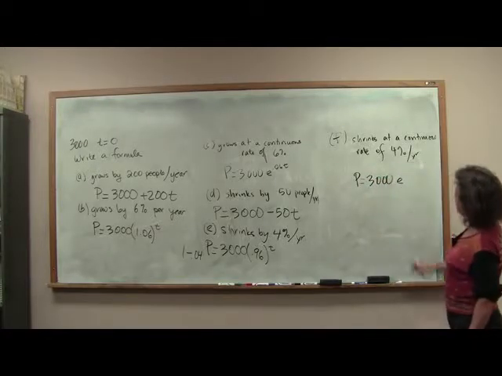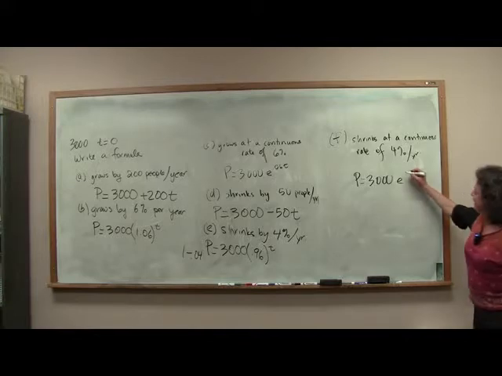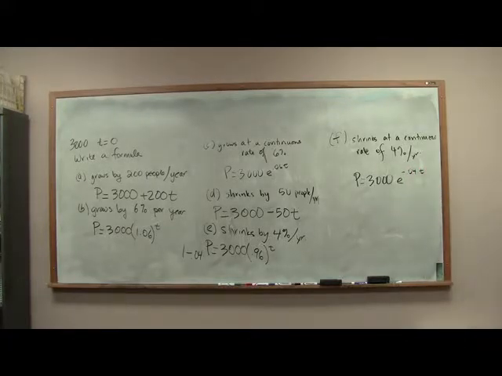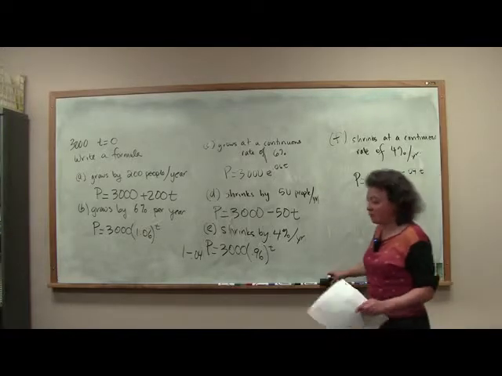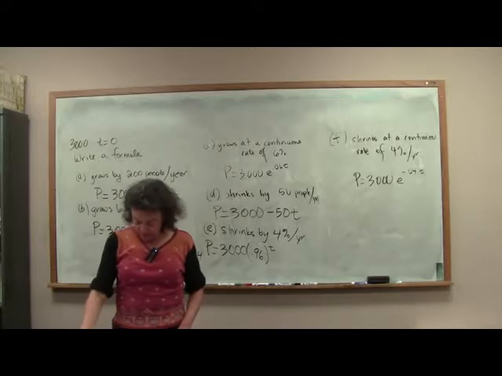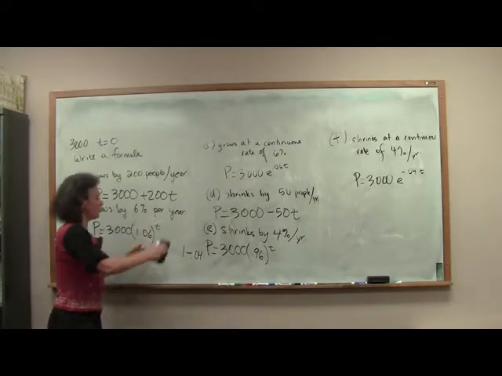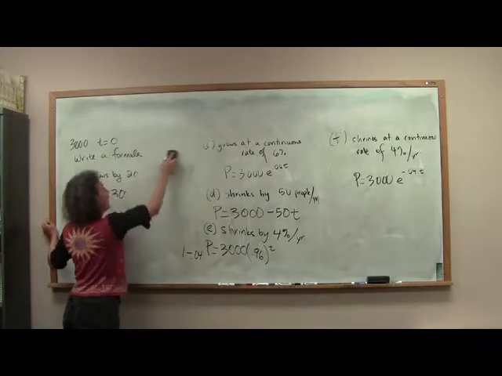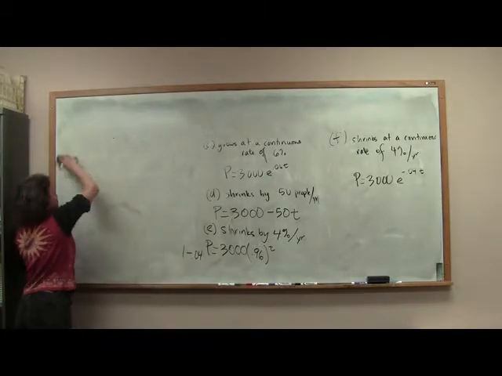We see continuous, it's E, and we put negative 0.04t. So hopefully all these examples have helped you kind of figure out how to write these formulas and at least distinguish whether your formula has an E or not.